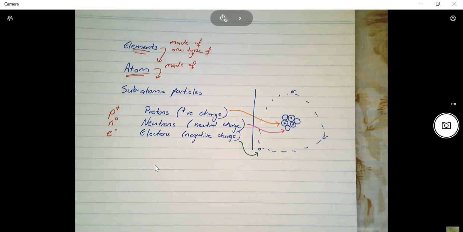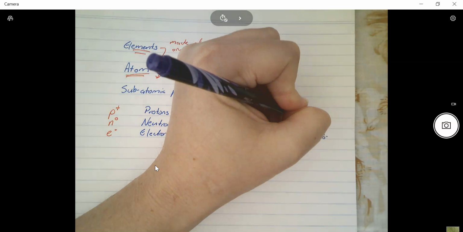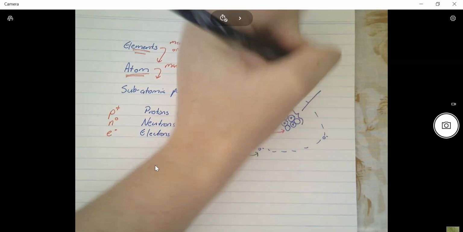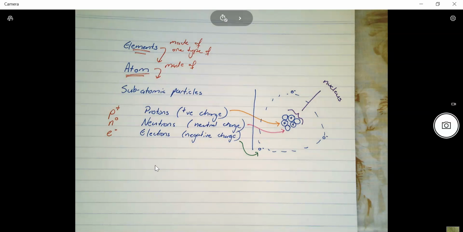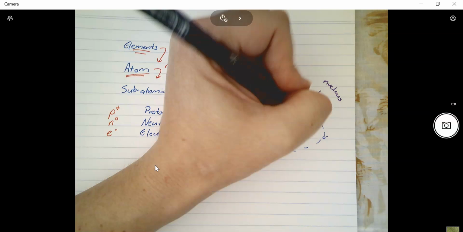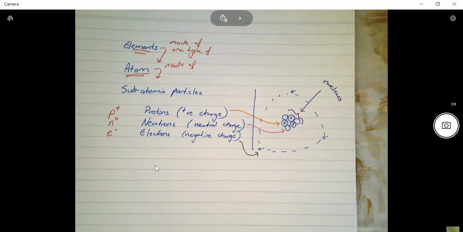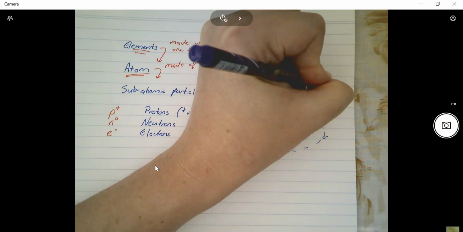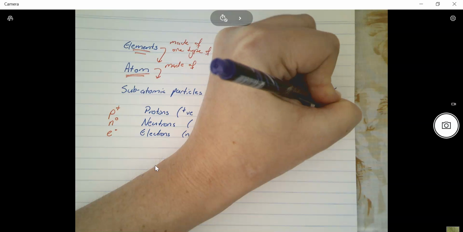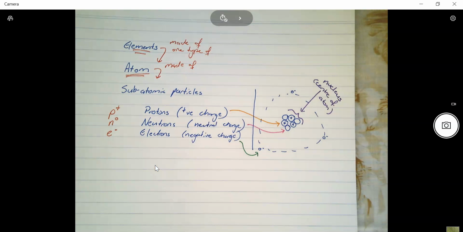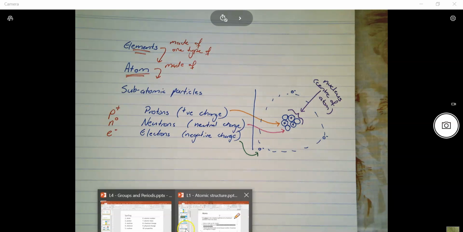So again, just to remind ourselves, the center of the atom is called the nucleus. There we go. Okay, so that is the center of the atom. Okay, so that was a lot of the first lesson was made up of learning that content.